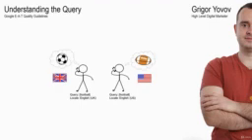Another perspective is the diversity of the language and diversity of the meanings of specific terms in different countries. Let's say when you say football in Europe, this means soccer, and when you say football in the US, it means so-called rugby, which is a different type of sport.